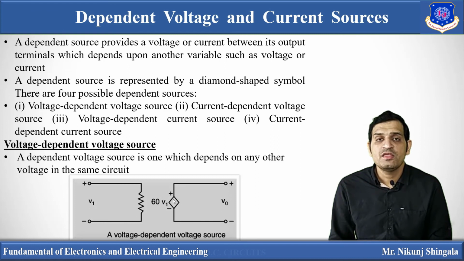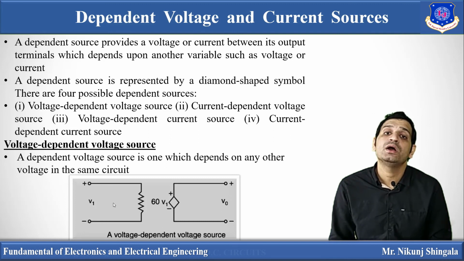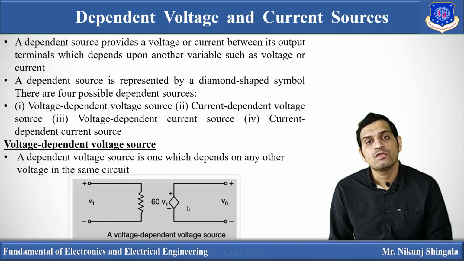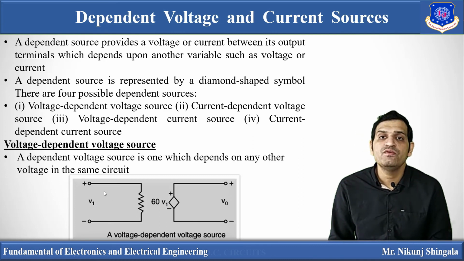This is a dependent voltage source because it has a diamond shape with plus and minus signs. The value of this dependent source is 60 V1, and V1 is nothing but the input voltage. So this voltage source depends on another voltage. That's why it is a voltage dependent voltage source. Suppose the value of V1 is 2 volts, then the value of this dependent source becomes 120 volts.